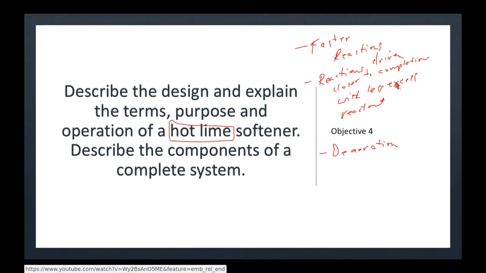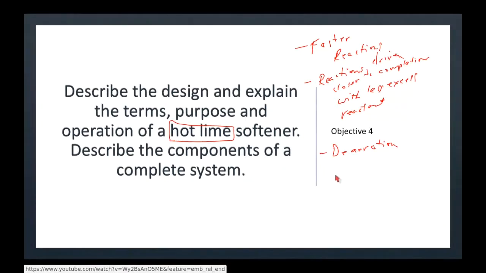Now, typically in a cold lime reactor, we add a certain amount of lime soda and we add a certain amount of excess reactants to help drive the reaction to completion. But we can use less excess reactant with a hot lime softener.